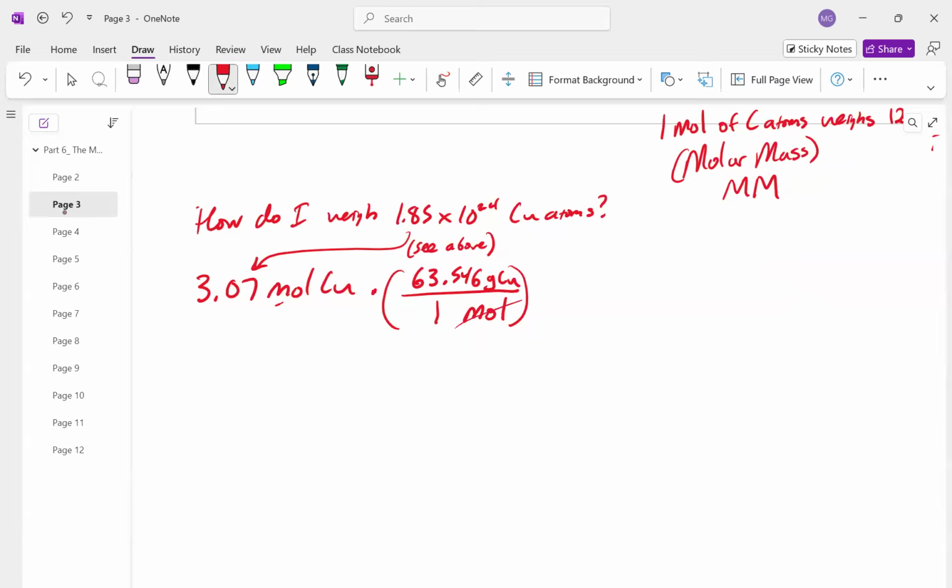So moles cancel out. I plug that into my calculator. And after rounding to the correct number of significant figures, I get 195 grams of copper.